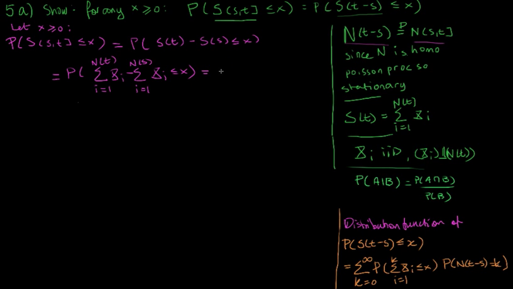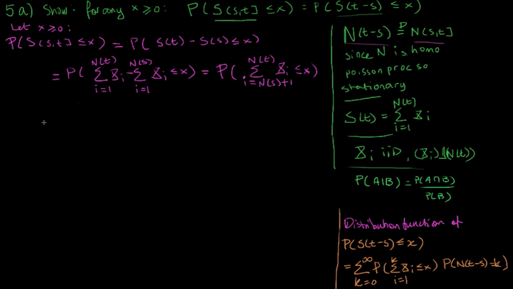So the thing we have inside here is actually just a sum that starts, and when we remove the first N of s terms, we start the sum at N of s plus 1 and let it run up until N of t, as so. Okay, so far so good.